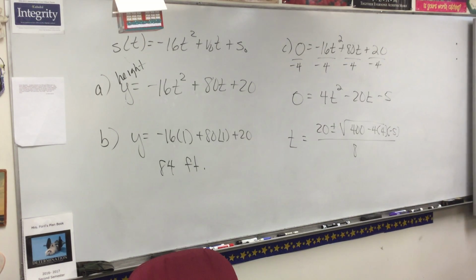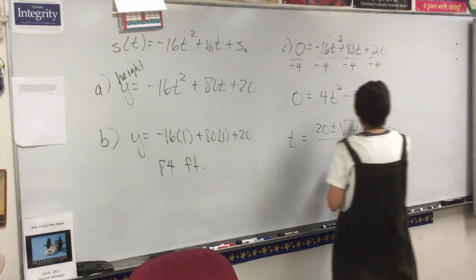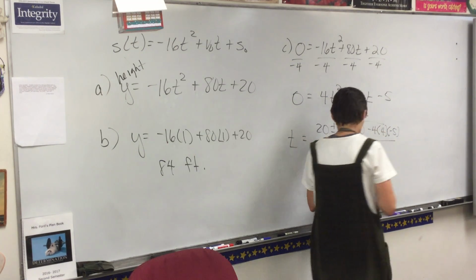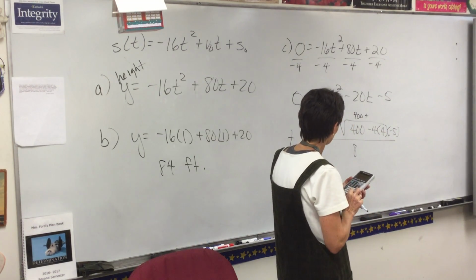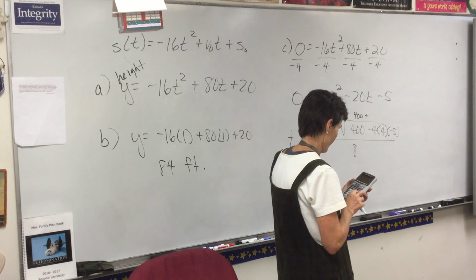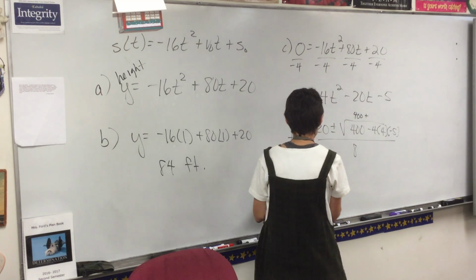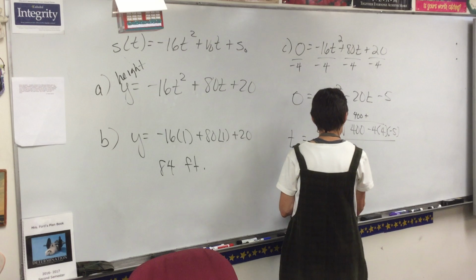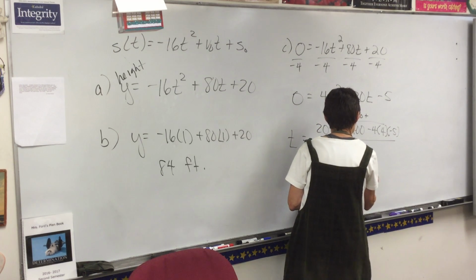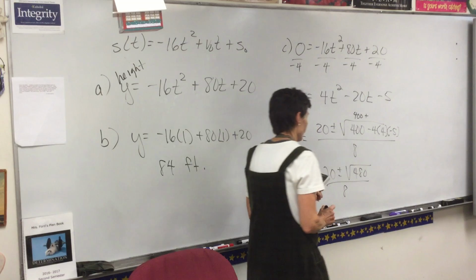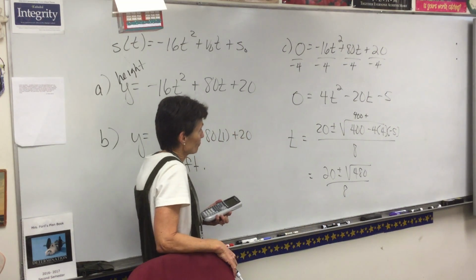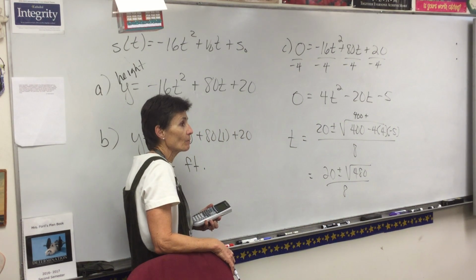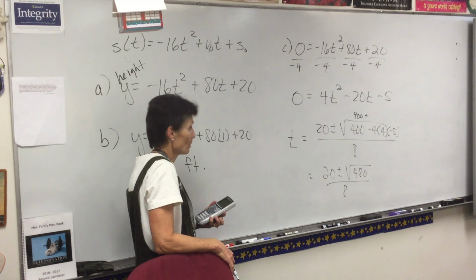Be careful, I think it's going to be a plus in there. I think it's going to be 400 plus something. I got 480. Any confirmation out there? 480, okay?